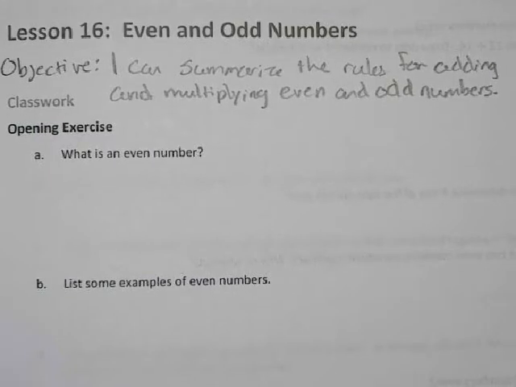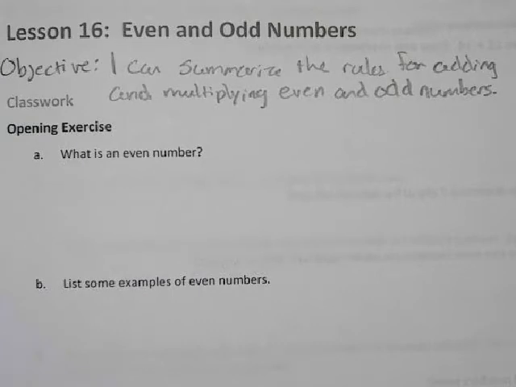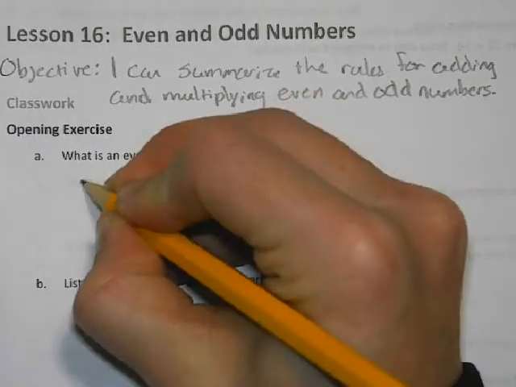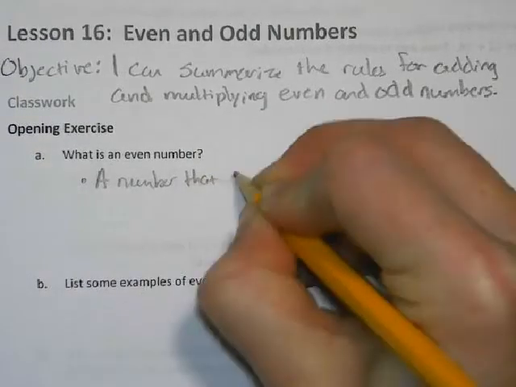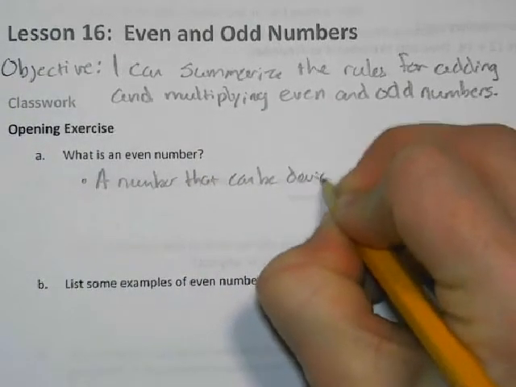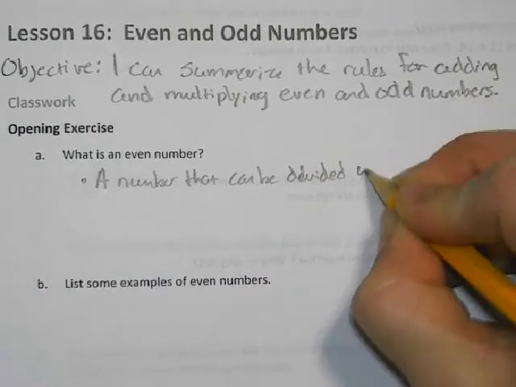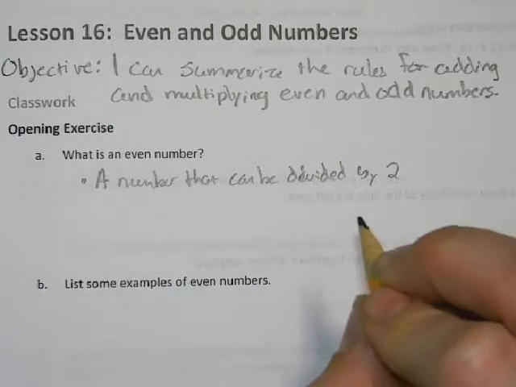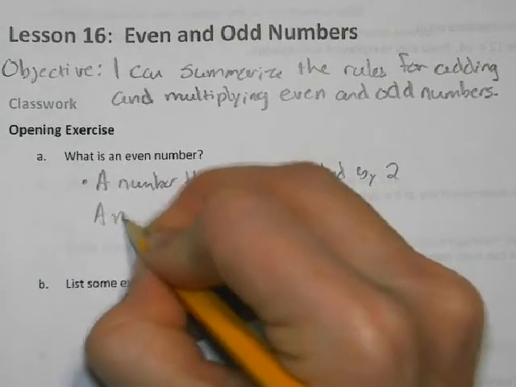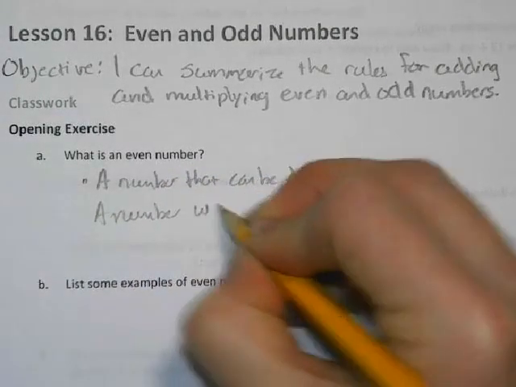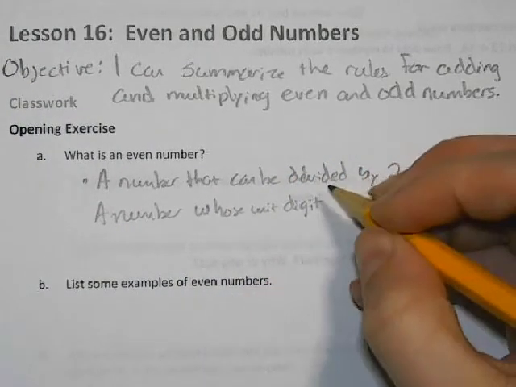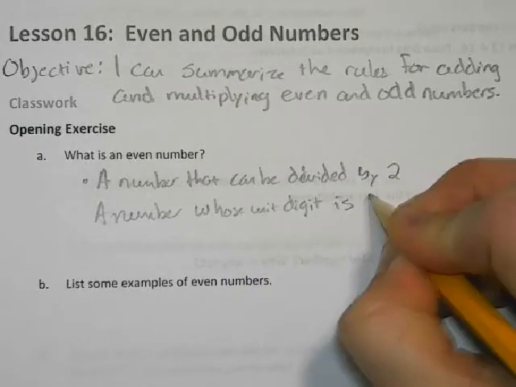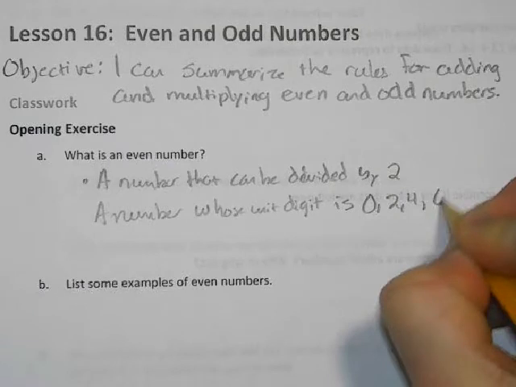Now that you've talked to your peers on what you believe the answers are, I'm going to go ahead and just give you some of the answers that you would have written down. So the first one would be a number that can be divided by 2, a number whose unit digit is 0, 2, 4, 6, or 8.